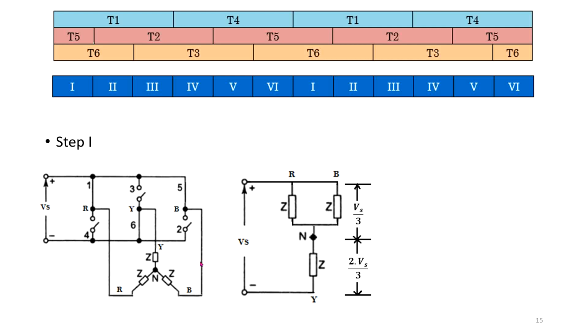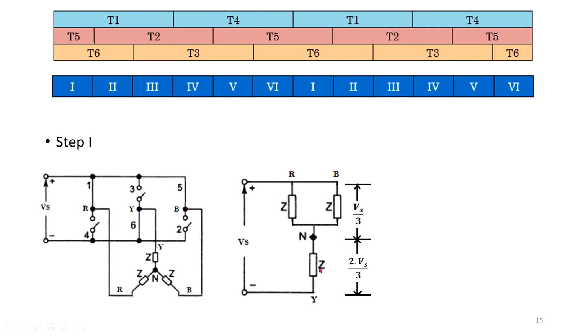These two are in parallel, and for the parallel combination you already know how to get this. If you take the parallel combination, 1 over Z equivalent is equal to 1 over Z plus 1 over Z, that is 2 over Z, so Z by 2.